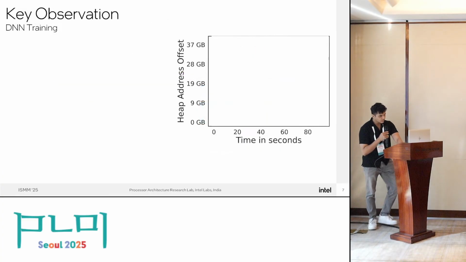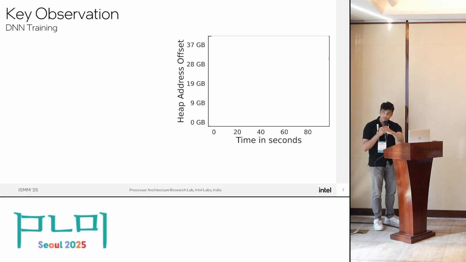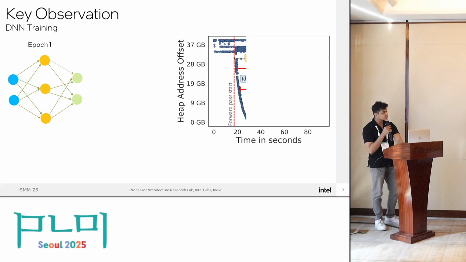And coming to the key observation that we have made, which we'll exploit later on: on the right, we have the address space which shows the memory access pattern when we run a DNN training workload. So what happens when the forward pass runs is that every dot in this image refers to a single page being accessed.